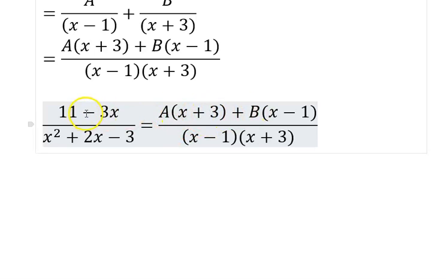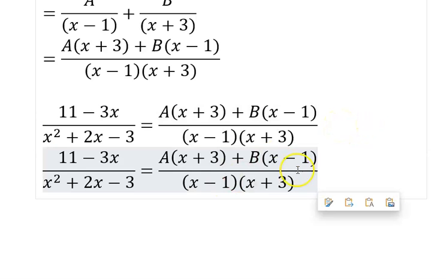we can equate what we have up here. Don't forget that what we have down here is still the same thing as what we have here, because we actually factorize this. Okay, let's put it down there for record purpose. Beautiful.